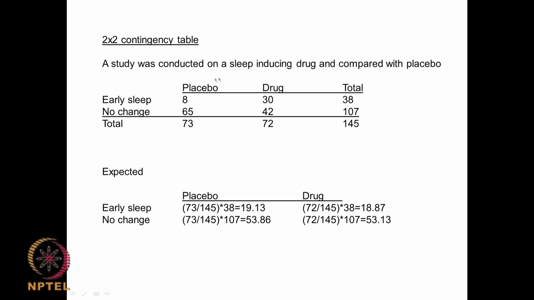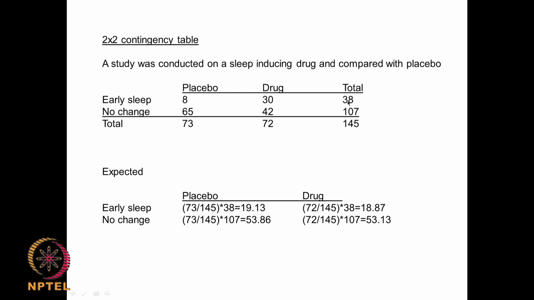So, placebo, drug. Of those who took placebo, 8 said they slept early and 65 said there is no change. 30 of the people who took the drug said they slept early, 42 of the people who took the drug said there is no change. So, we have this type of situation.